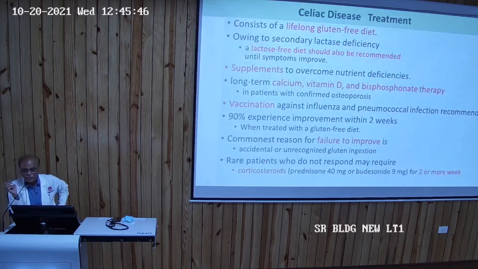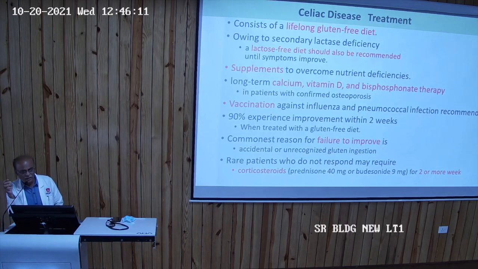So treatment is gluten-free diet for lifelong. Sometimes lactose intolerance is associated. Then lactose-free diet also to be prescribed to these patients, and give supplements. So calcium, vitamin D, and bisphosphonate therapy in case of osteoporosis and osteomalacia.